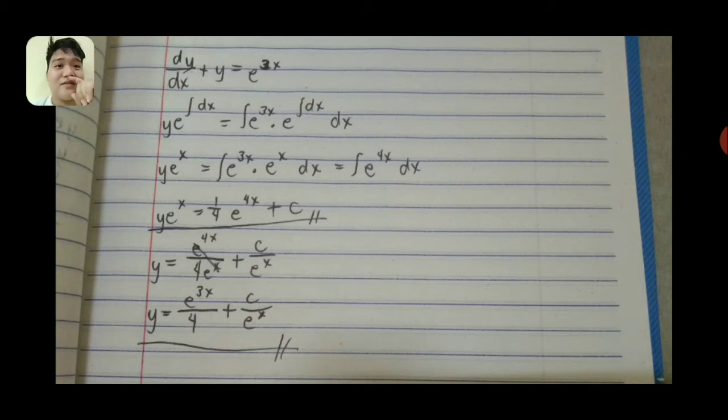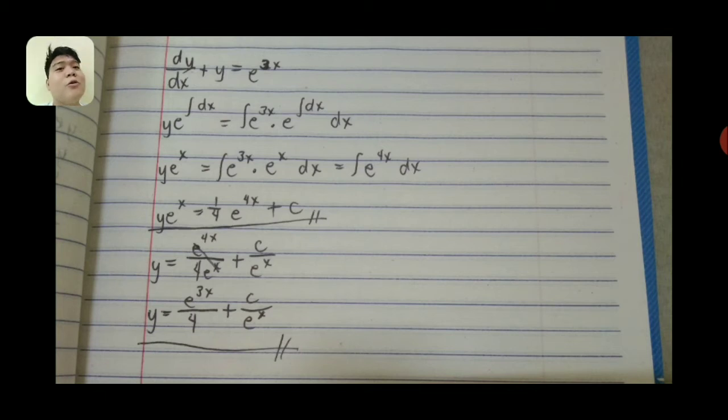So the integral of dx equals the integral of q of x, where q of x is e raised to 3x, times e raised to the integral of p of x, which is 1 again, dx. The integral of dx is x.